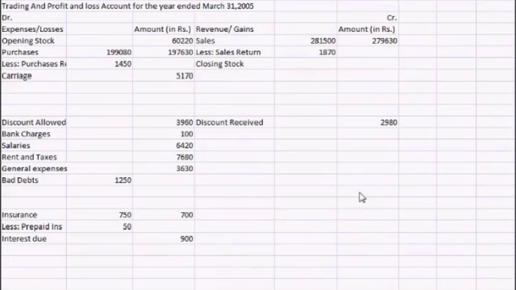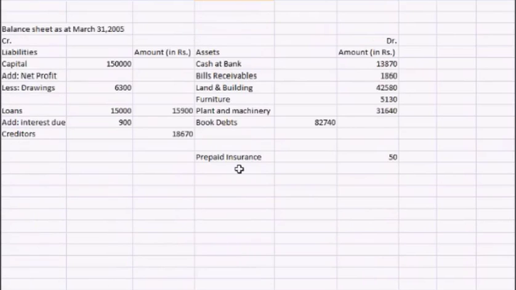Here we just add it into this. The amount of closing stock will be added here. So the amount is 70,000, and we have closing stock as asset also, so we'll incorporate that on the asset section, asset side also. 70,000.